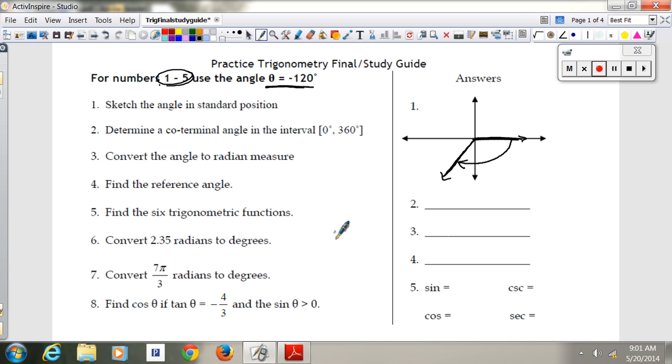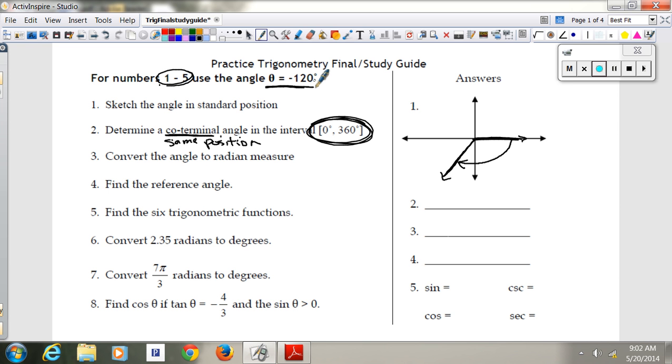Coterminal angle is number 2. Coterminal angles are angles that are in the same position. This one is telling you exactly what it has to be between. You have to find a coterminal angle that's between 0 and 360. Got to be between those two.